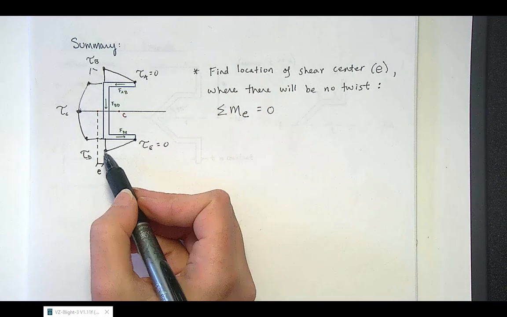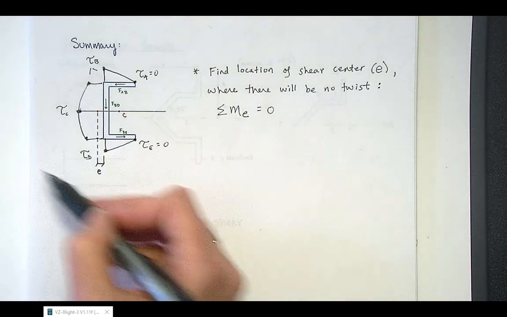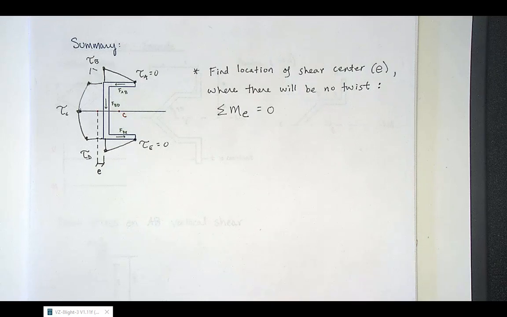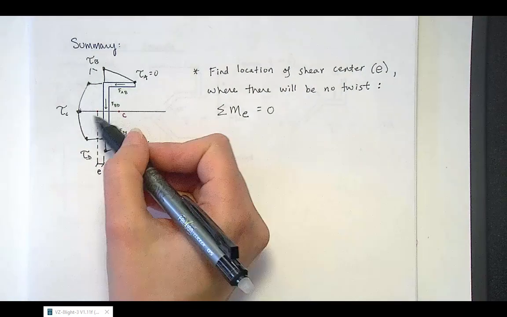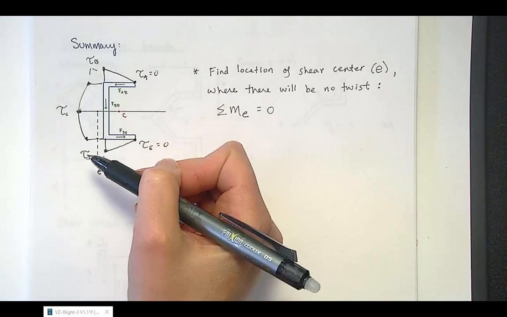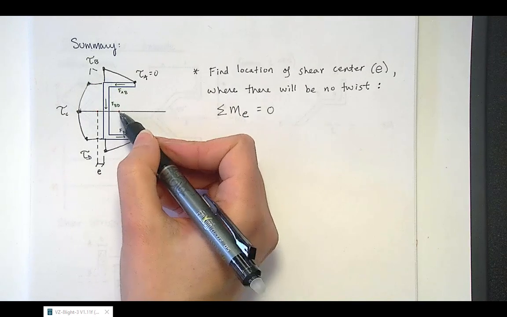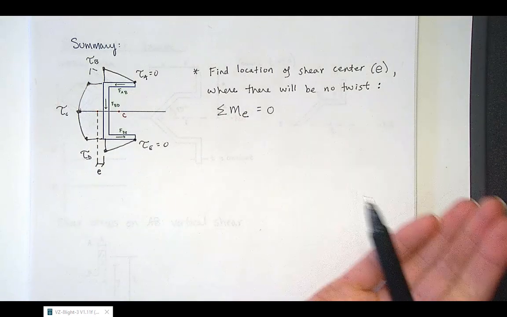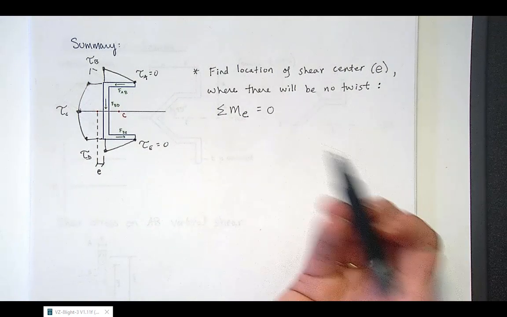So we initially just assume a general position of the shear center. In this case, assume that it's off to the left of the segment. If we assumed that it was to the right, we would find out that we were wrong just by getting a negative value.